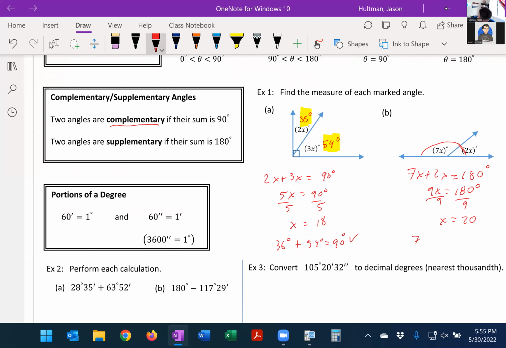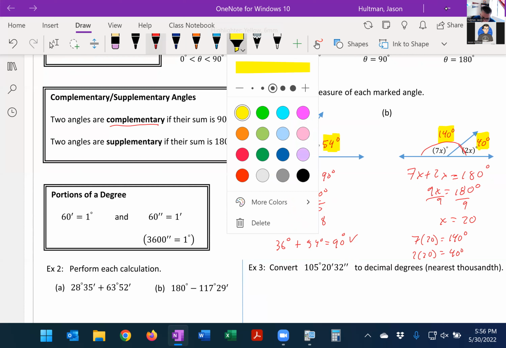So 7 times 20 is 140 degrees, and 2 times 20 is 40 degrees. Do those add up to 180? Yes, they do. That's pretty easy to see. 140 and 40 definitely add up to the straight angle 180.